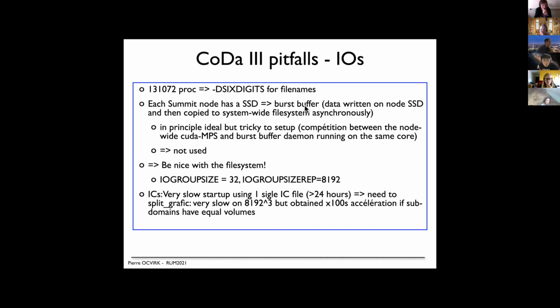So your IOs are super fast, but there's a number of things which prevented it from working properly. For instance, a competition between the CUDA MPS and the burst buffer daemon, which were trying to run on the same core. Even though I talked with the system admins about that, we weren't able to fix it together.